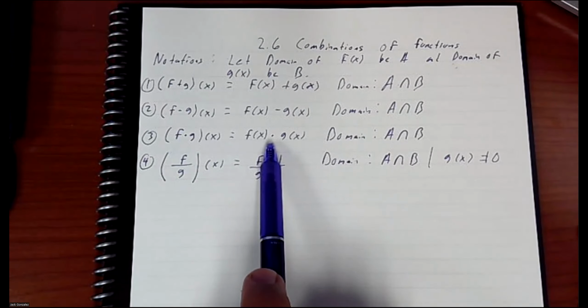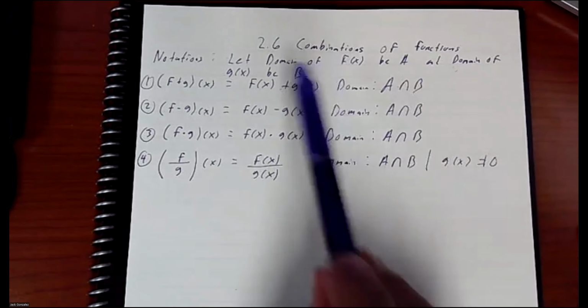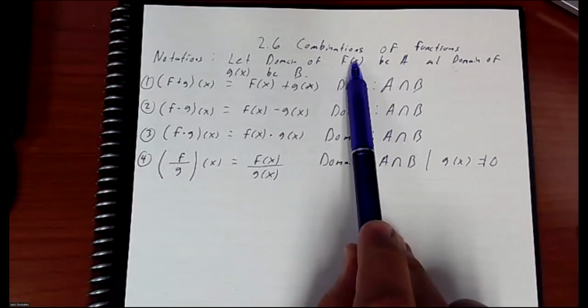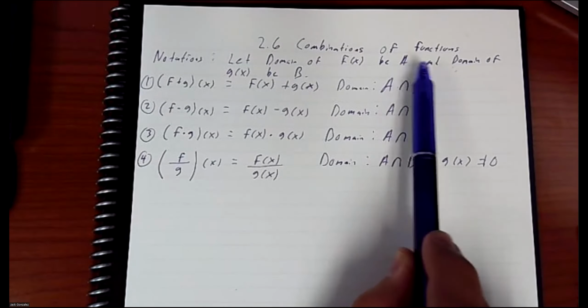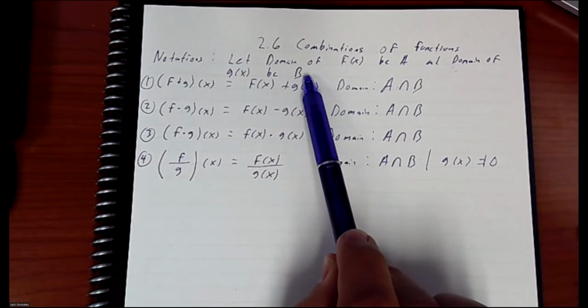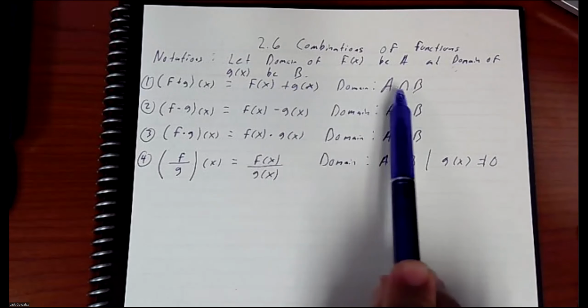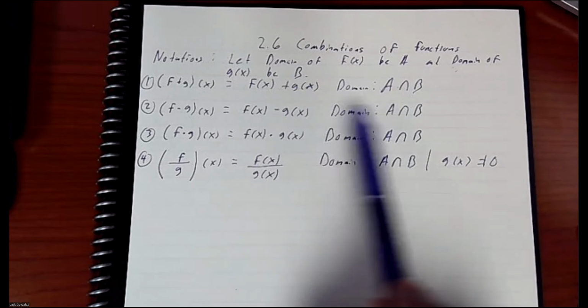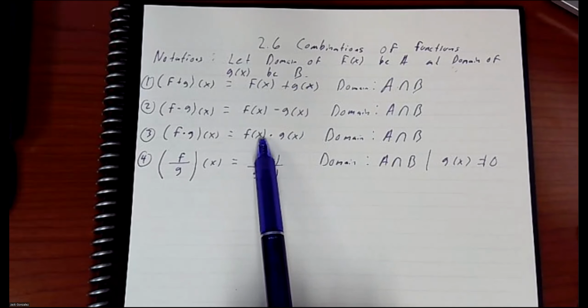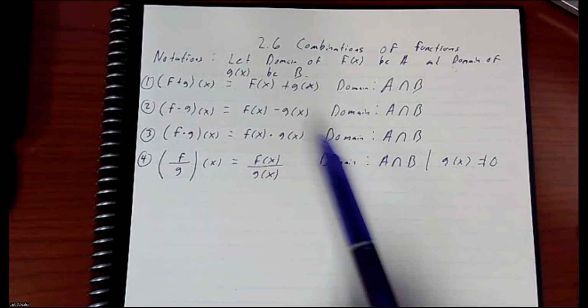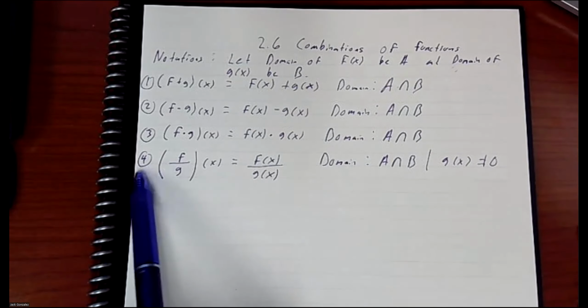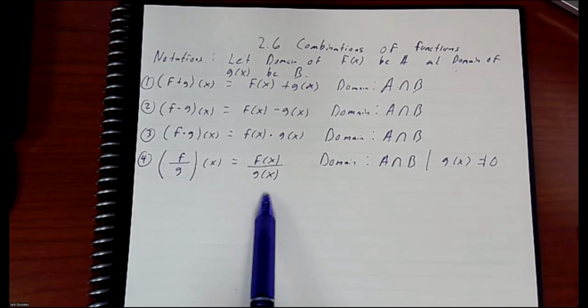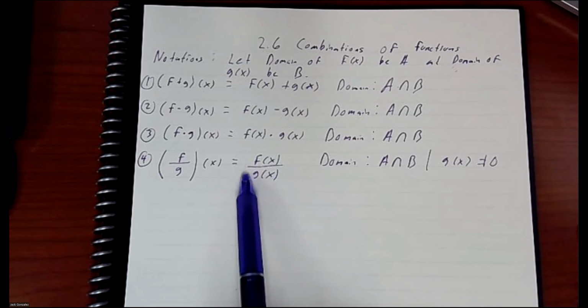I don't think they're going to ask, but just in case, if the domain of f is equal to A and the domain of g is B, then when you add them together, the domain becomes the intersection of those two domains. The difference would be the intersection. Multiplication is the same thing. The only one that changes a little bit is number 4. Because you're dividing, you have a potential for division by 0.